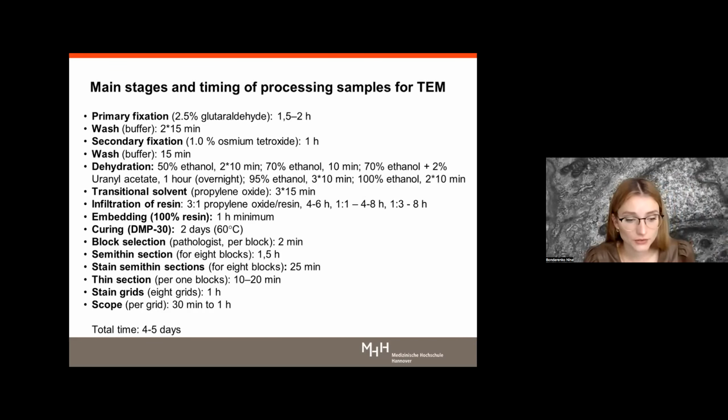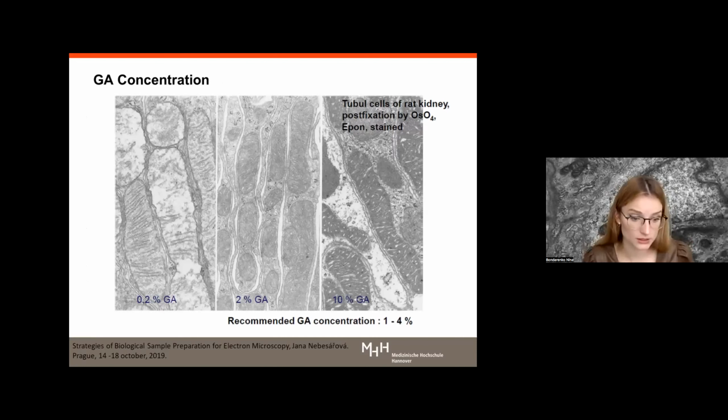And after that, curing of our blocks in EPON, for example, and block sectioning. This part, sectioning, is a very, very laborious moment also, because you have to be very attentive and exact during this stage.